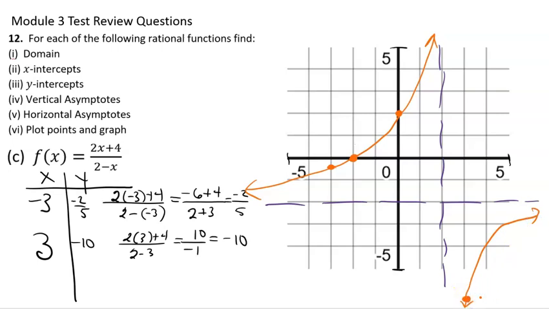Now, if you didn't feel comfortable about that, probably plugging in another point would be good. For instance, 4. Let's just do it. If I plug in 4, it'd be 2 times 4 plus 4 in the numerator divided by 2 minus 4. 2 times 4 is 8 plus 4 is 12 in the numerator. 2 minus 4 is -2 in the denominator. 12 divided by -2 is -6. So at the point 4, I should be at -6.